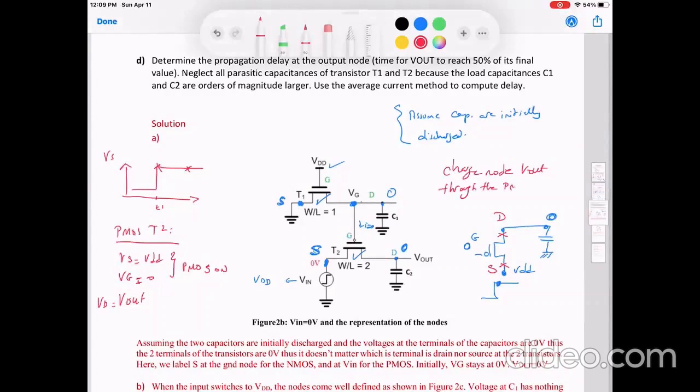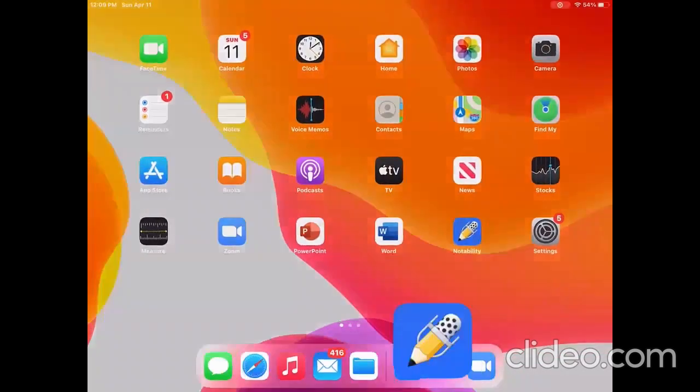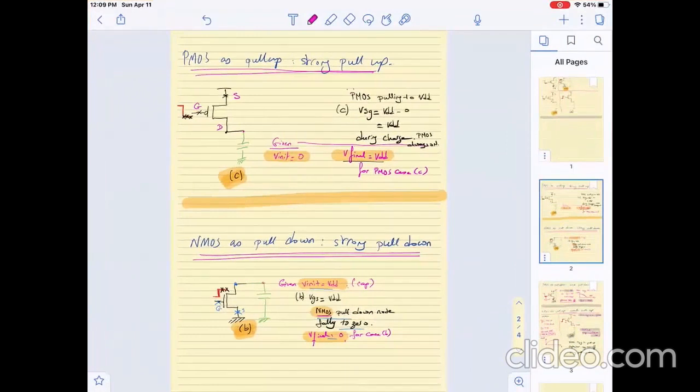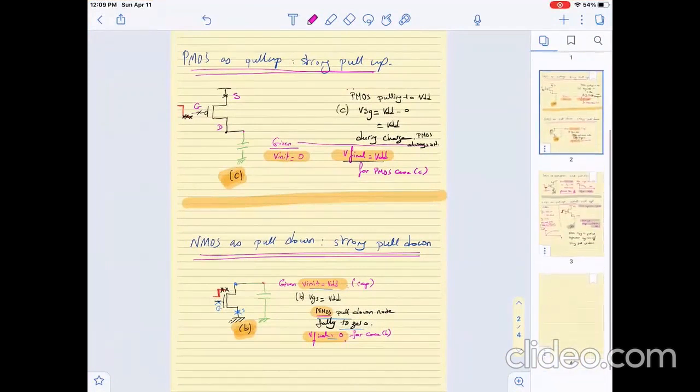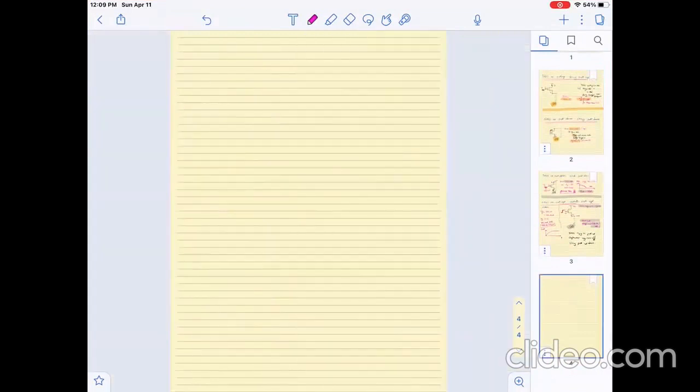The only difference here is as follows. Before, we used to say that the source is high, but the gate turns on. Traditionally, I have a PMOS where the source node is at VDD and the gate turns on, and the gate becomes low.